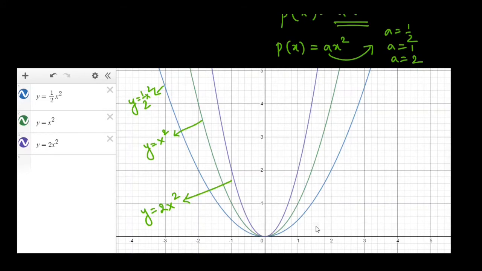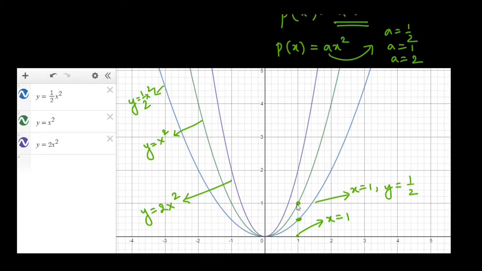That means, say for a value of x as 1. So here we are taking x is equal to 1. For x is equal to 1, the value of y for this curve is 1 by 2.